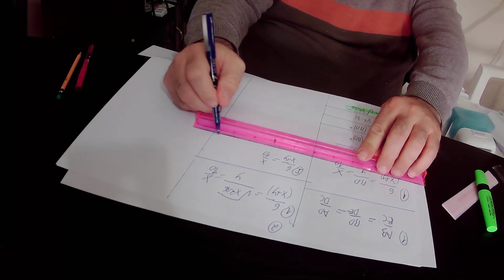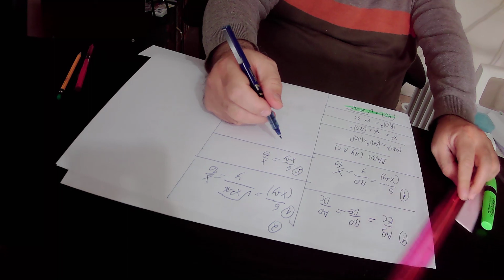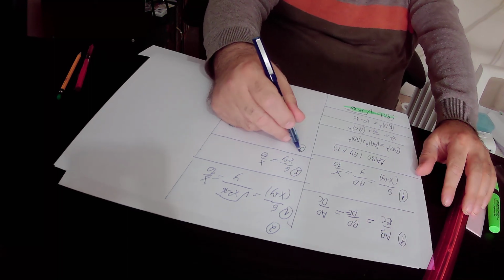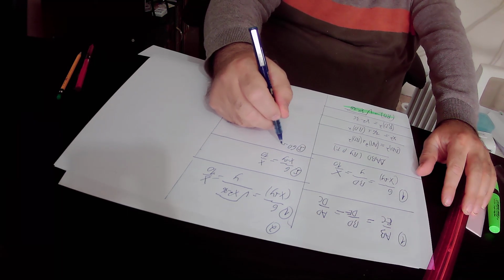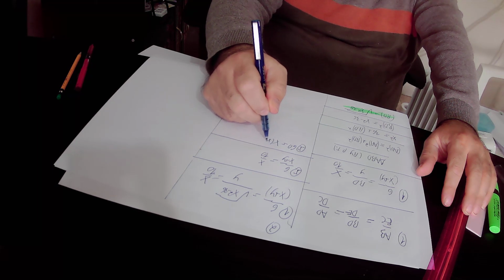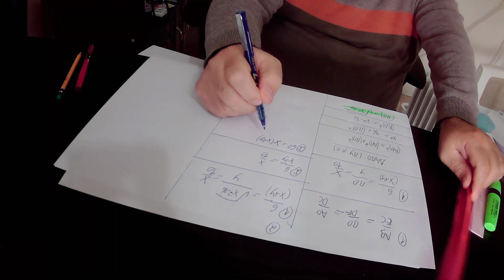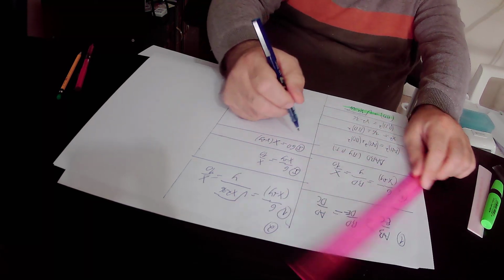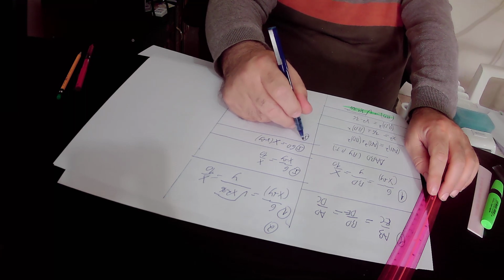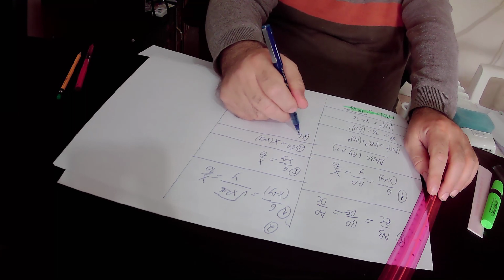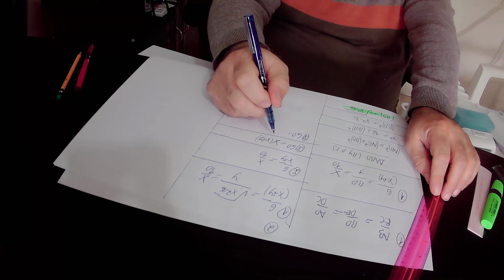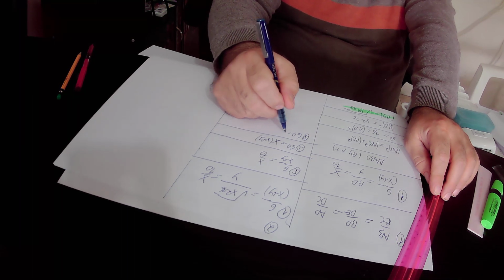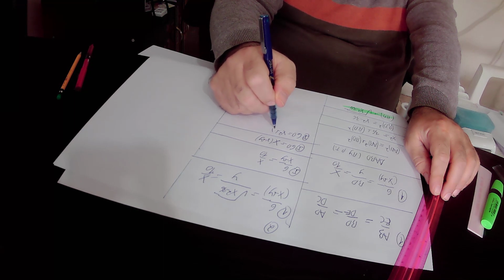Here we will cross multiply equation number 1, and we will get that 6 times 10 is 60, and 60 equals x times x plus y. We will open the brackets on this side of equation number 1, and we will get 60 equals x times x, which is x squared, plus x times y.